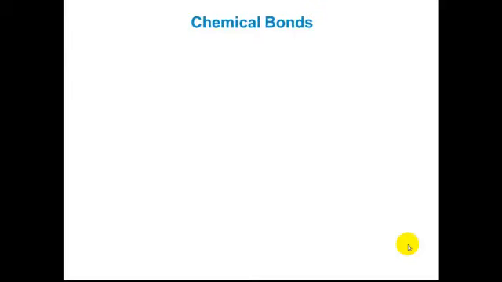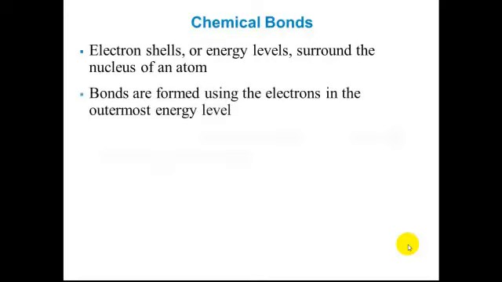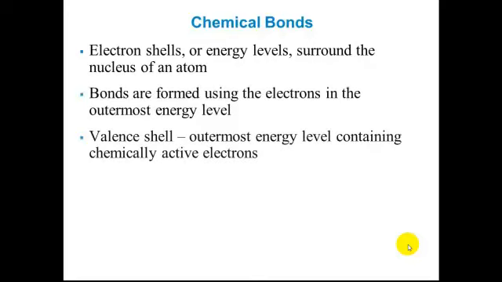When we discuss chemical bonding, the way chemical bonding is going to occur is between different atoms using the outermost shell of electrons. These electron shells that surround the nucleus are where our bonds will form. And we will see that the valence shell, which is the outermost level, is where we have our chemically active electrons.